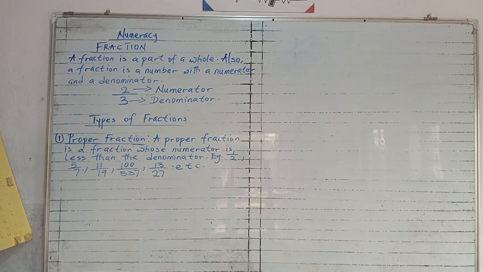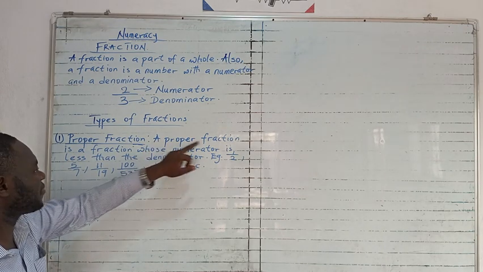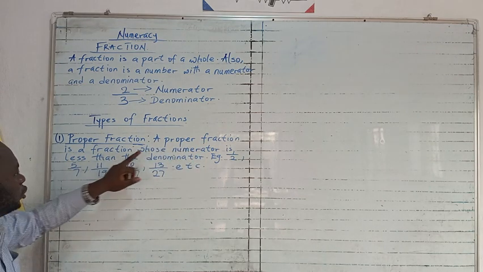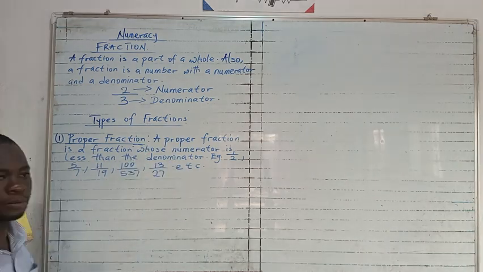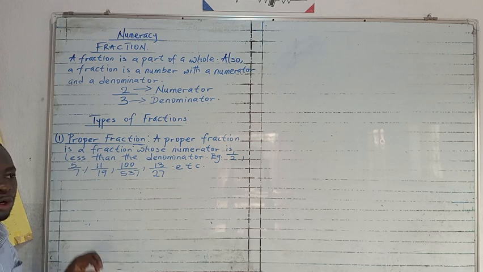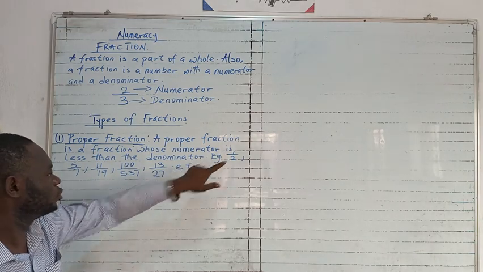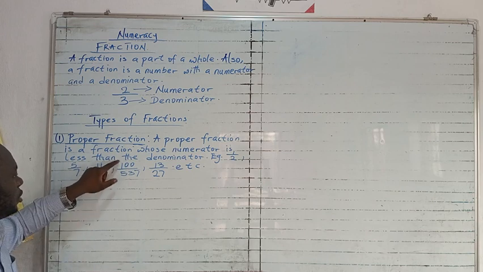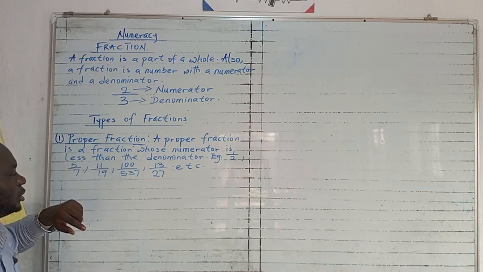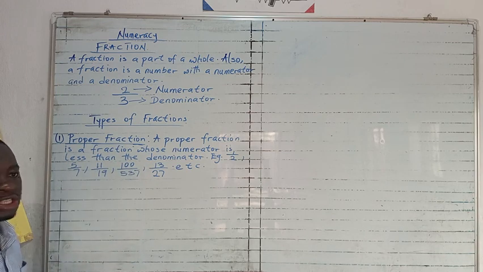Okay? So we say that a proper fraction is a fraction whose numerator is less than the denominator. 1 over 2, 5 over 7, 11 over 19, 100 over 537, 13 over 27.